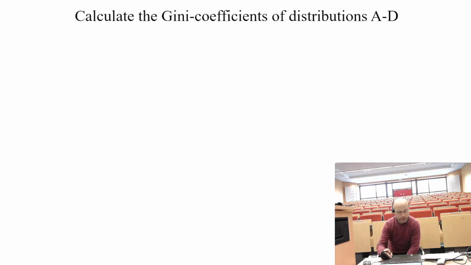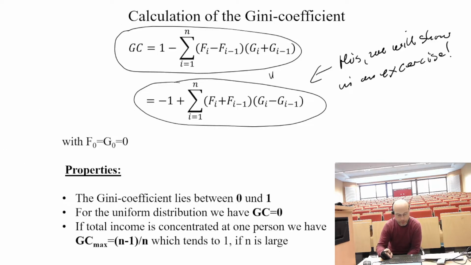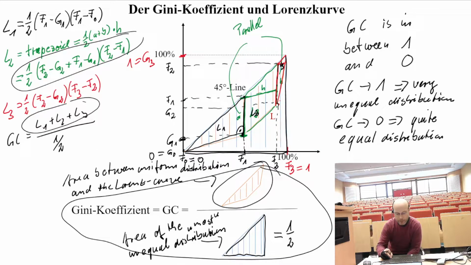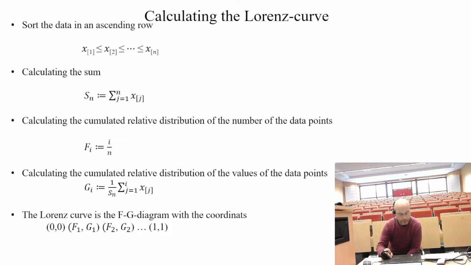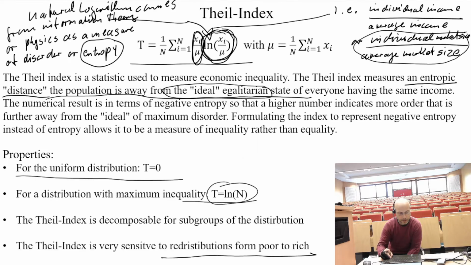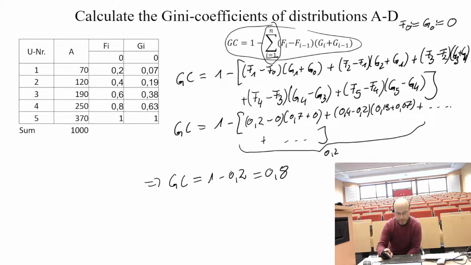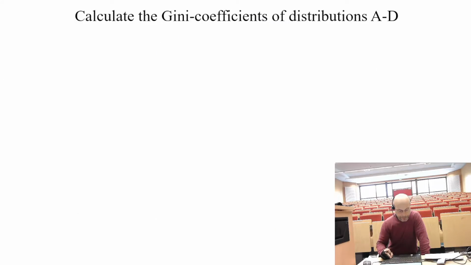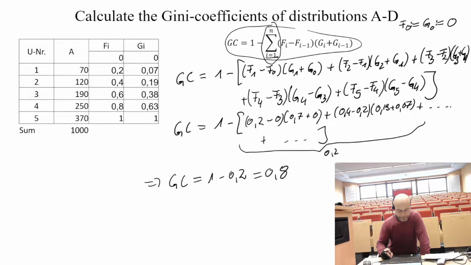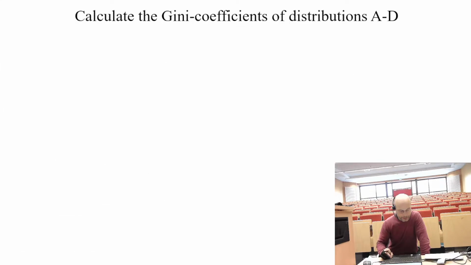Okay, I think the Gini coefficients we had already. Or no, we have only calculated the Gini coefficient of this distribution, but not of every example. Okay, done.